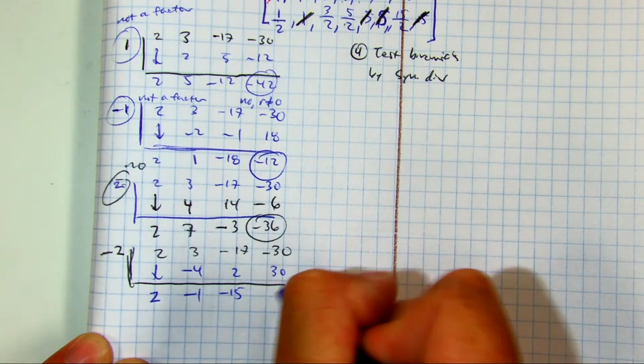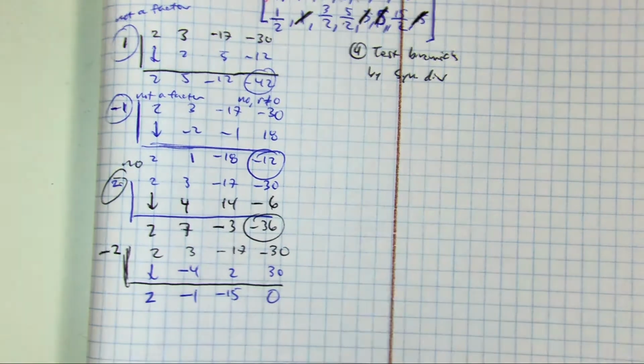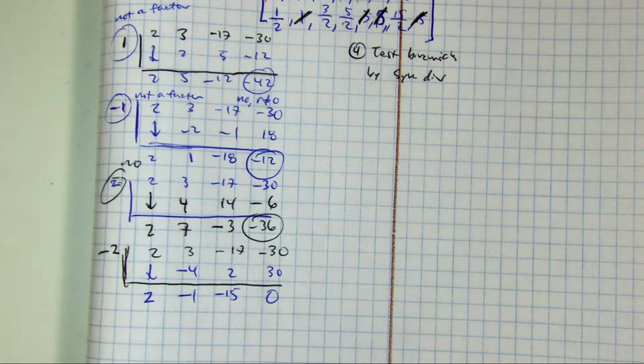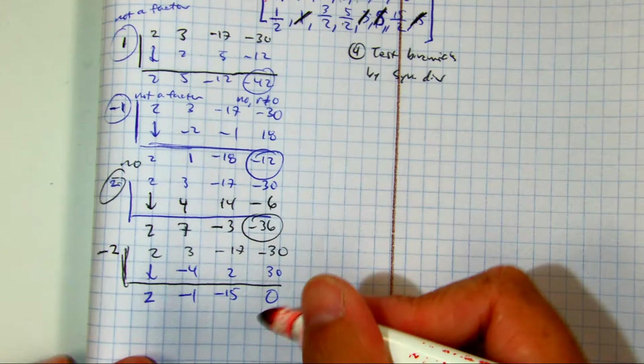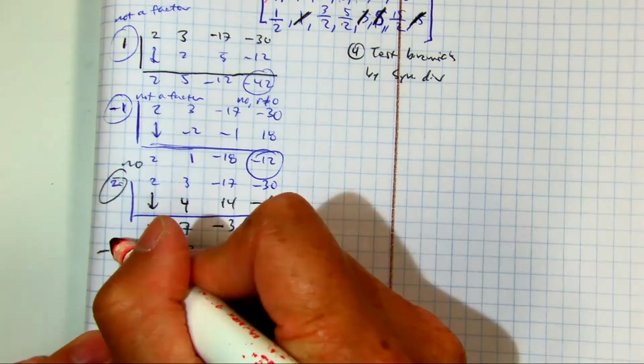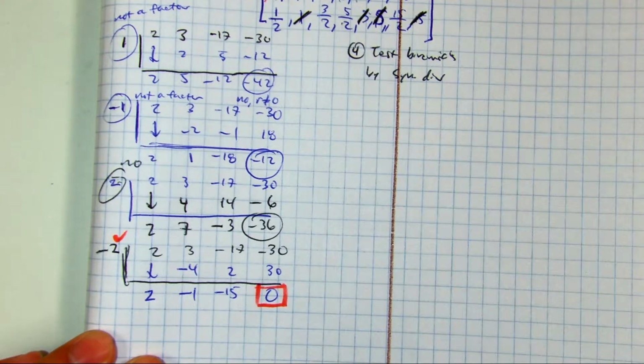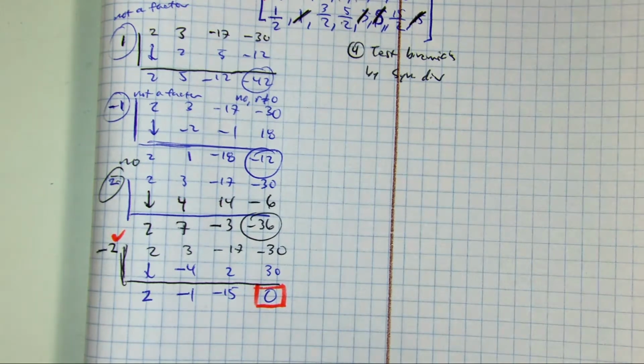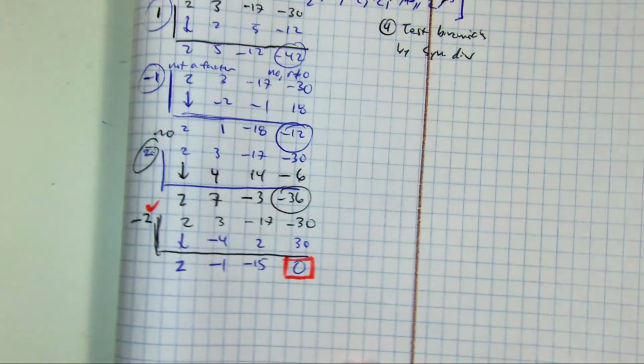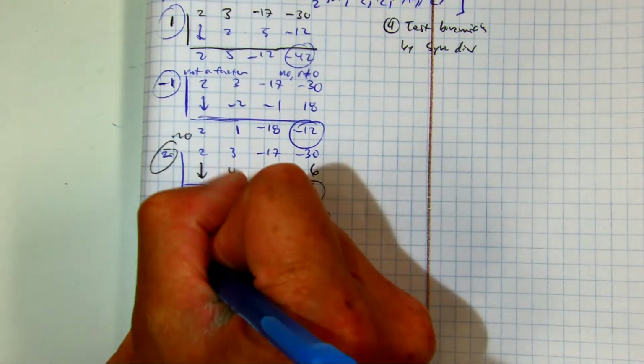Here. Yes. Yes. Yes. Yes. What does this mean? -2 is a factor. Okay, watch that. So let's bring all these down.